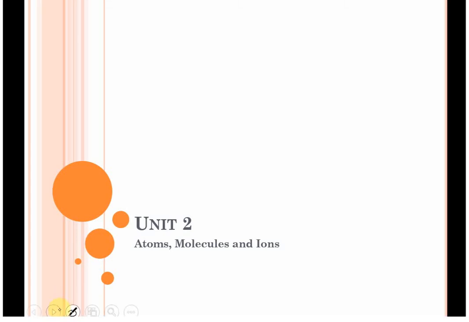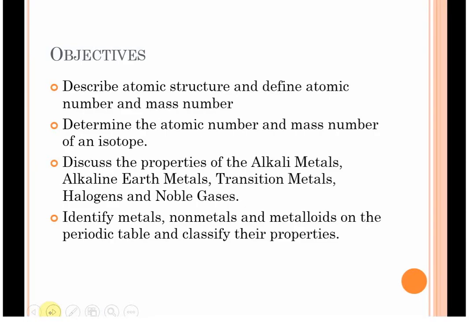Okay, so this is a continuation of Unit 2. This time we're going to be focusing on atomic structure. We finished the last section on the nuclear atomic model, and we're going to use that to talk about how to calculate the mass number and how to find the atomic number on the periodic table.